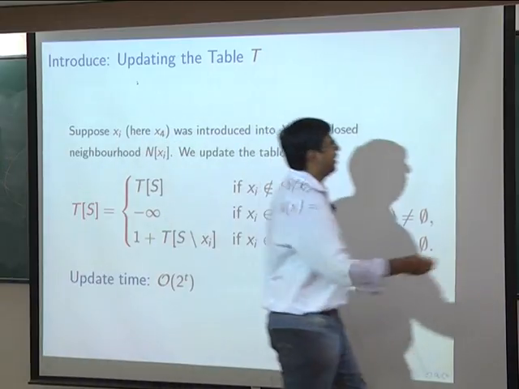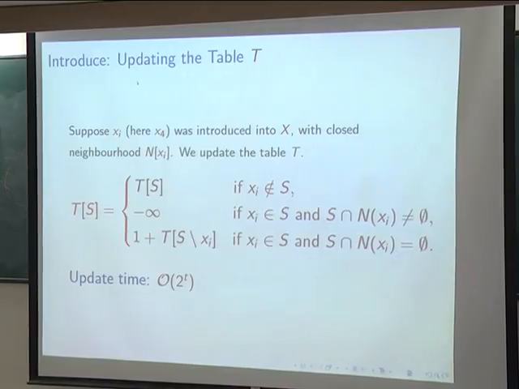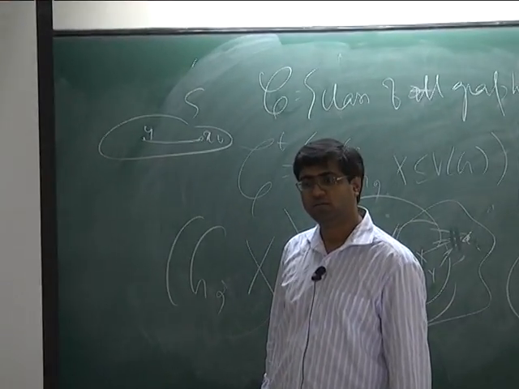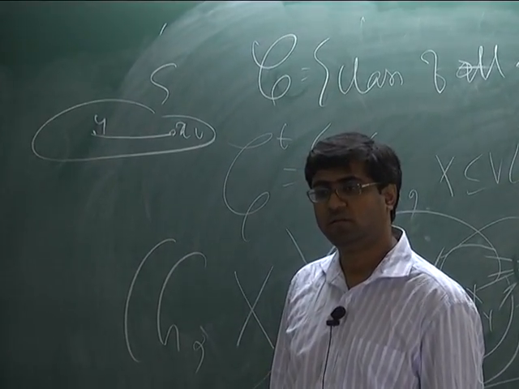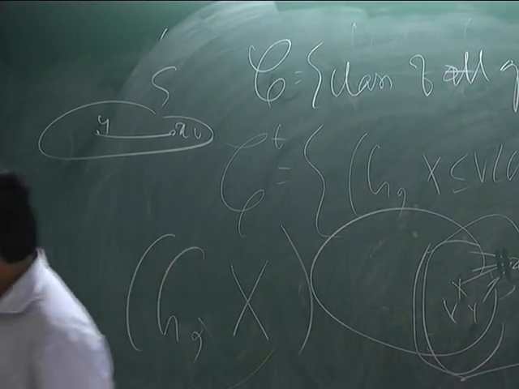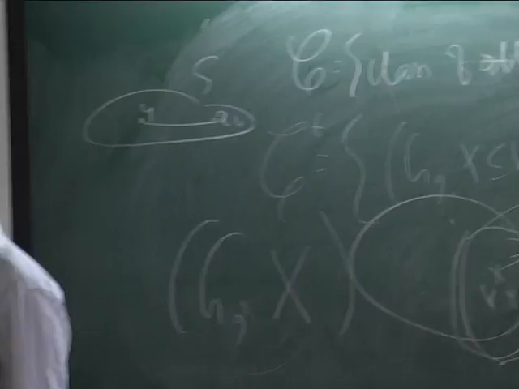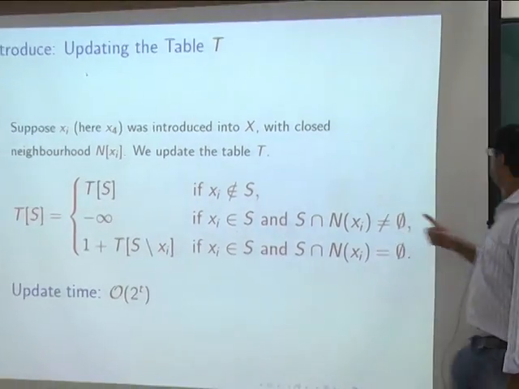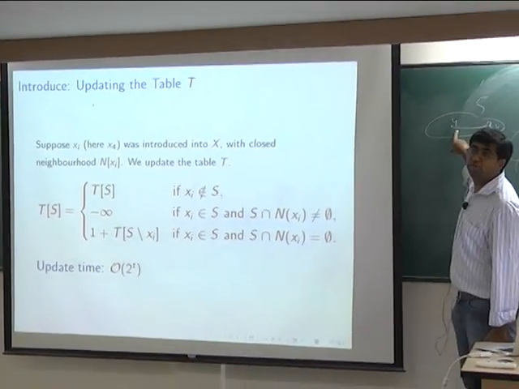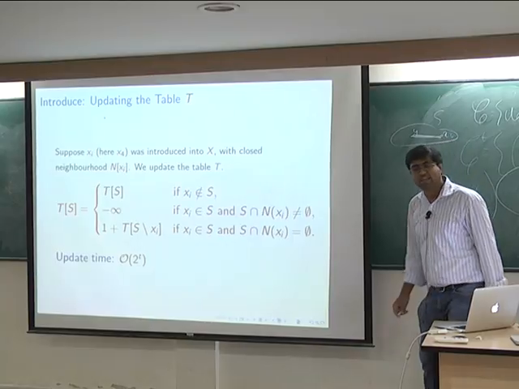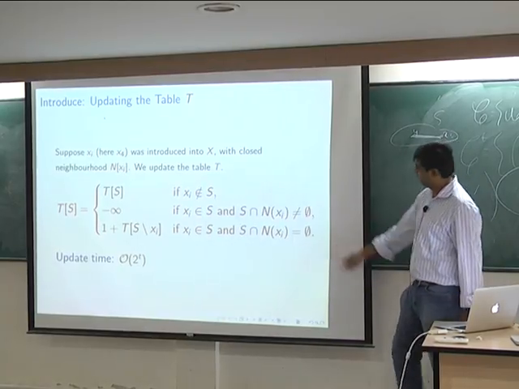Look, if I have xi and some y, and there's an edge, can you extend this to an independent set? This is no longer independent. If xi belongs to S and S intersection N of xi is not equal to the empty set, S not only contains xi, it also contains one of its neighbors. It means there is already an edge in the graph induced on S. So this can never be extended.